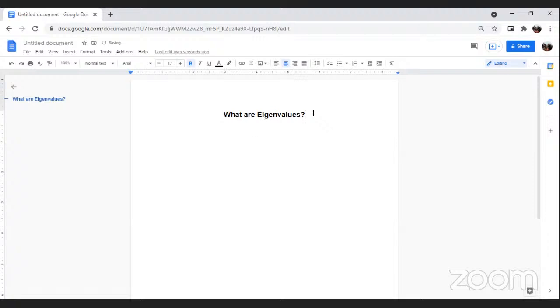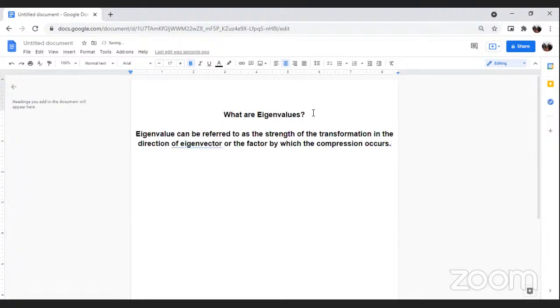Please do not get confused between eigenvalue and eigenvector. This could be a potential question that can be asked in the interviews that you face.